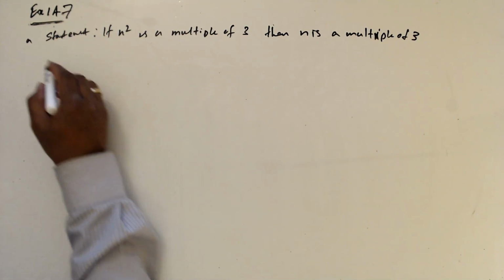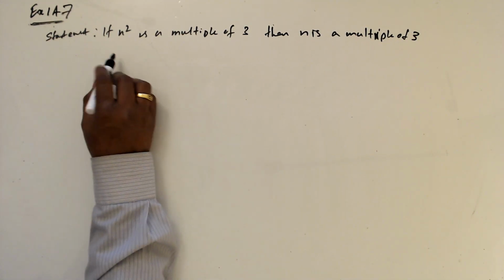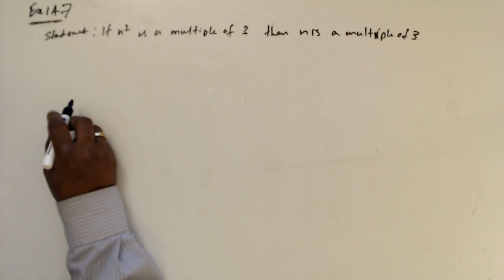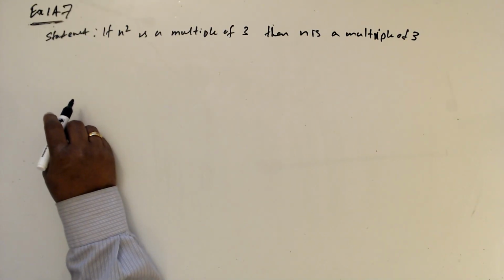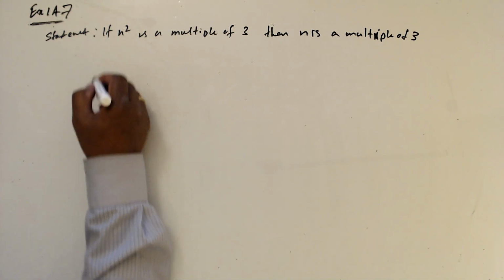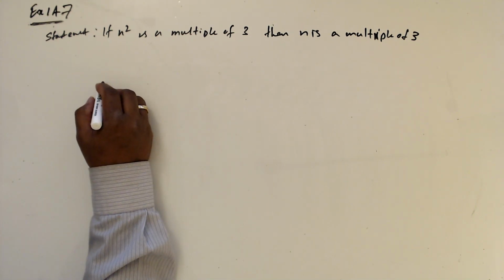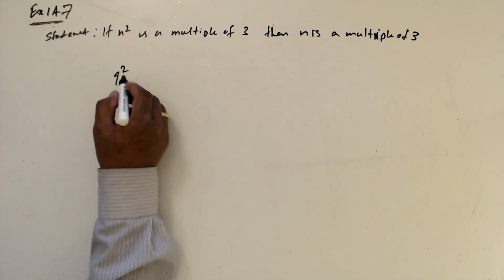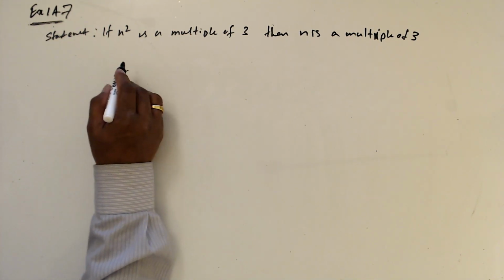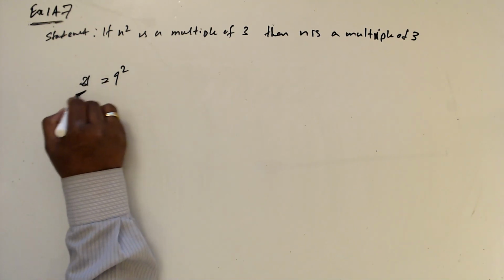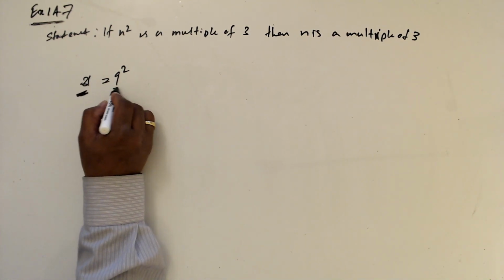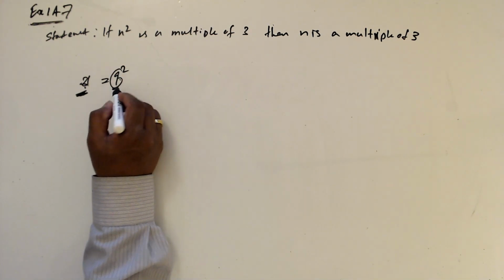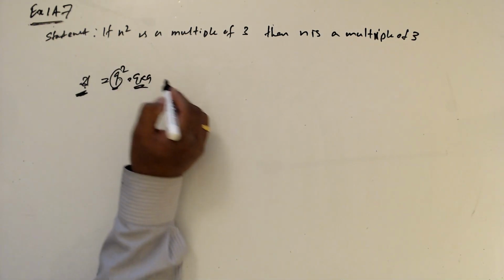Question number 7. The statement is if n square is a multiple of 3, then n is a multiple of 3. Okay, we'll take 9 square, which is 81. So 81, or 9 square, is a multiple of 3, definitely, because this is 9 times 9.